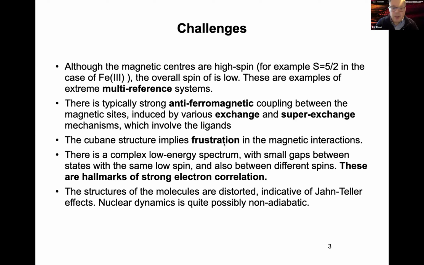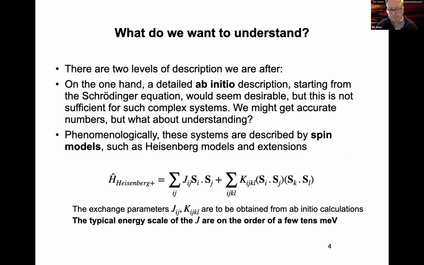The frustration itself then leads to a typically very complex low energy spectrum with small energy gaps between states of the same low spin and indeed between different spins as well. These are hallmarks of strong electron correlation. Finally, the structures of the molecules are nearly always distorted, which is indicative of Jahn-Teller effects, and the nuclear dynamics is quite possibly non-adiabatic as well.